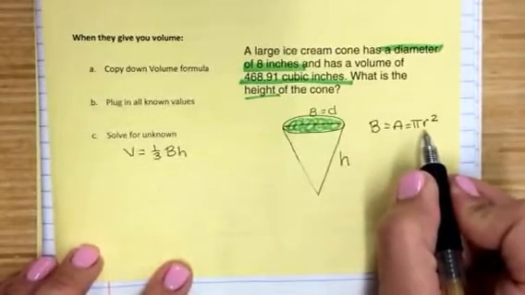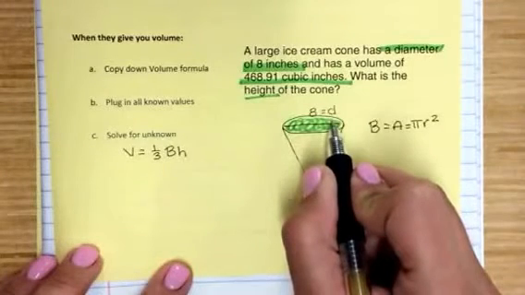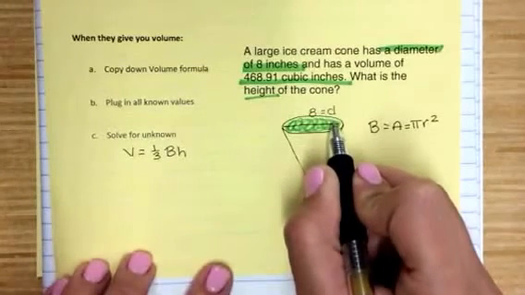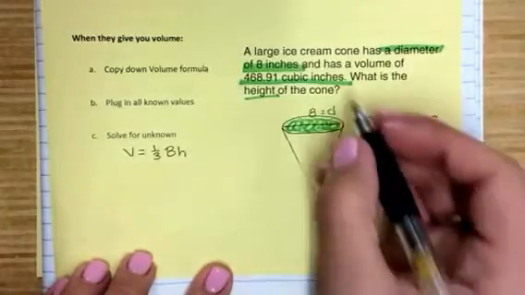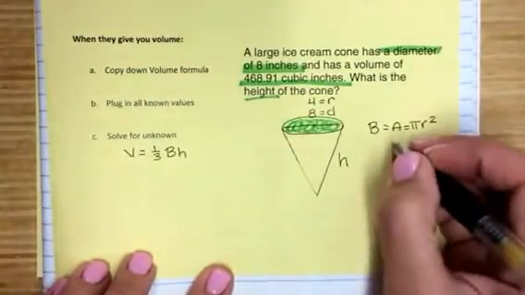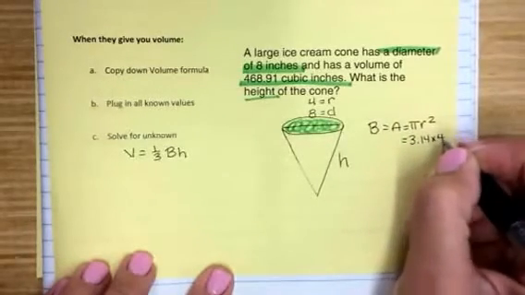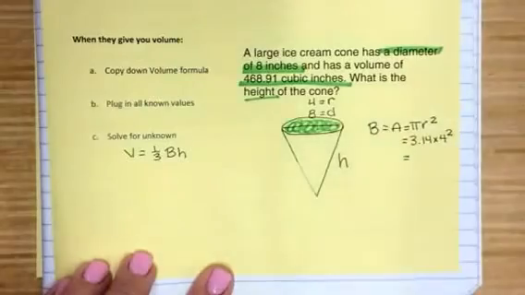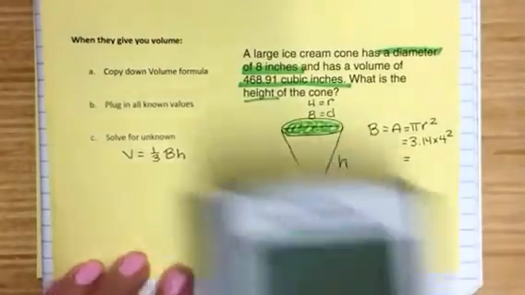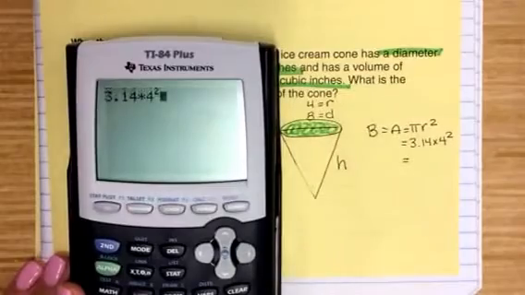Remember that it calls for radius, but they give me diameter. So how do I turn a diameter into a radius? I divide by 2. So 8 divided by 2 is 4. So it's 3.14 times 4 squared. And it's 50.24.